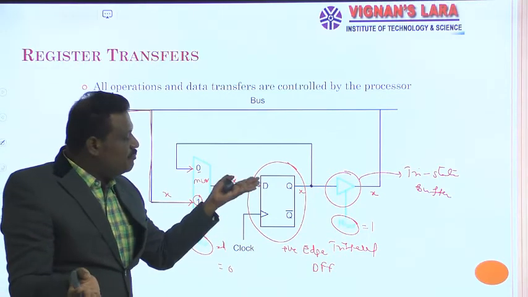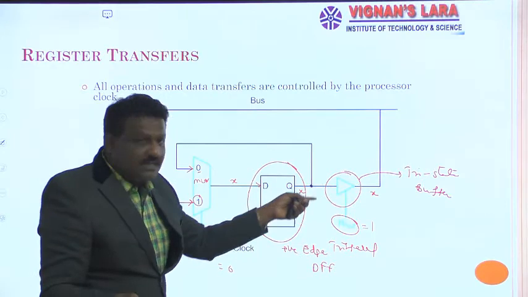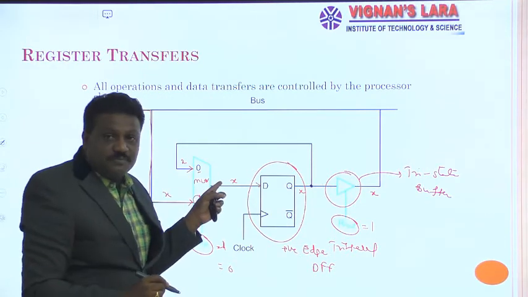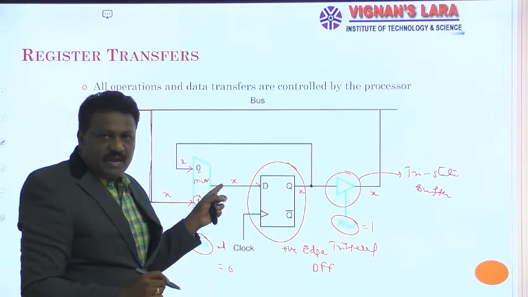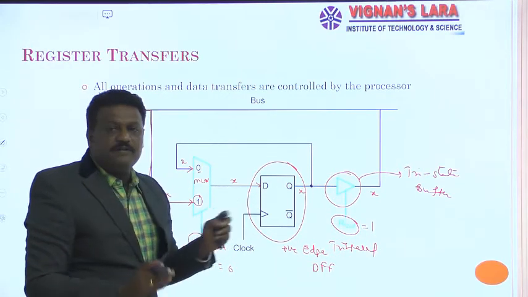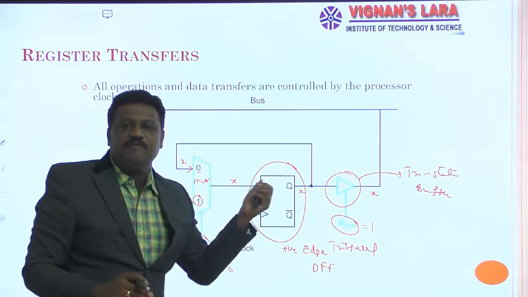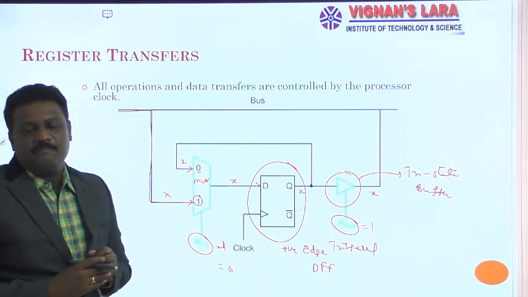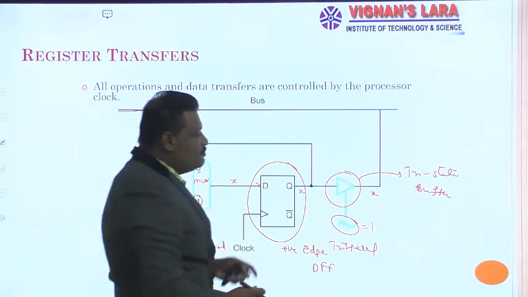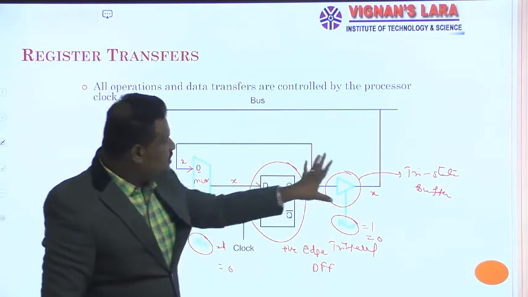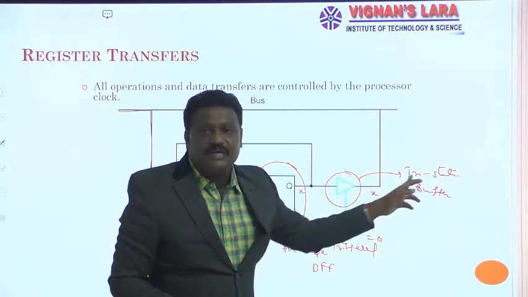So here my D flip-flop can hold X. That X is again fed back to here, and the same thing is sent to the output of the multiplexer. Once this D flip-flop receives the positive edge triggered clock, it accepts that input and transfers it to the output. And one more thing, if you make RI out equal to 0, this tri-state buffer operates in the tri-state.